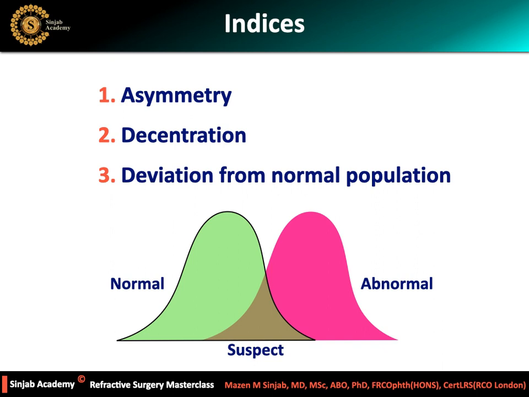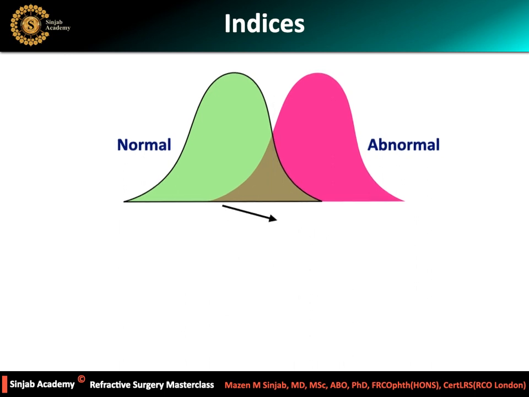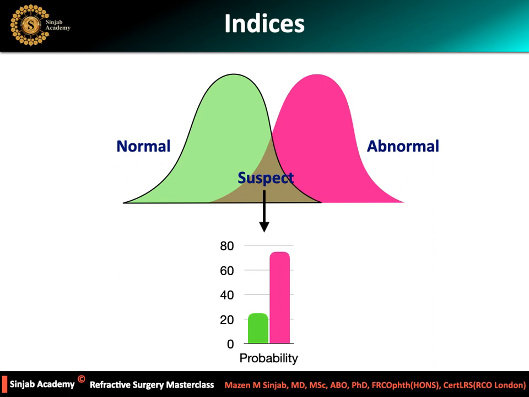However, those indices describe the asymmetry, decentration, and the deviation from the normal population. It is very important to note that there is no black and white in those indices. There is a gray zone of suspected cases. Many softwares were developed in order to give the probability towards abnormal or towards normal.